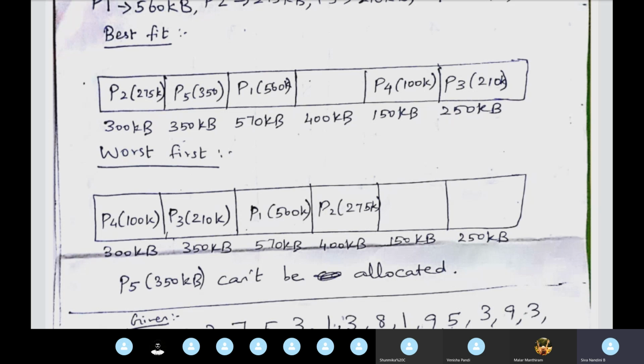Depending upon the marks asked, you have to explain the best fit and worst fit algorithms. Here it is asked for only 6 marks, so it is enough to write each step of the process allocation. Suppose the three algorithms, first fit, best fit and worst fit, are asked together for 16 marks. In such a case, you have to write a clear explanation of the algorithms along with the problem.